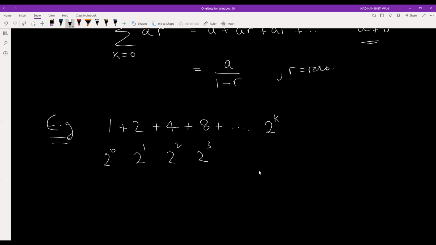Then we have a equals 1 and r equals 2. So in this case, if I want to find the summation, it will be 1 over 1 minus 2.